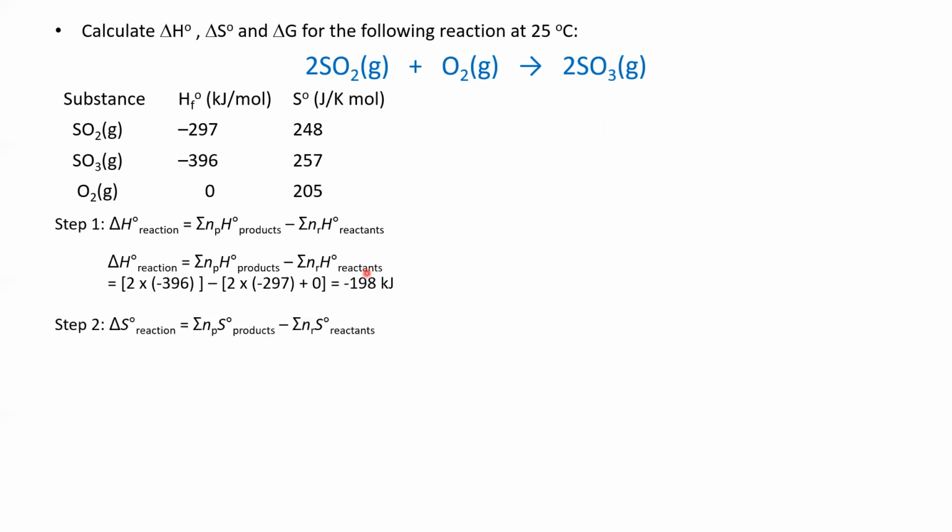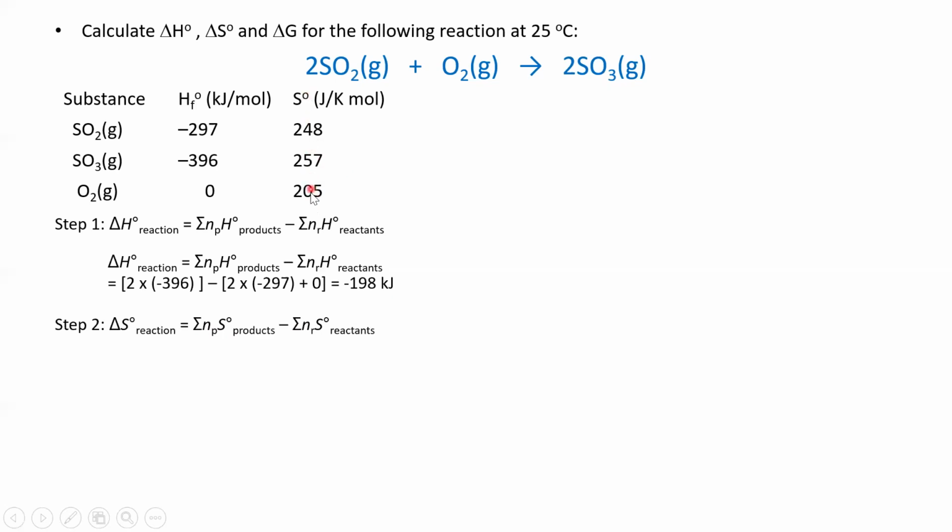So now let's calculate the entropy change for the reaction. Again, the equation looks just about the same. We're going to take the sum of the products minus the sum of the reactants. We're going to use the entropy values this time in our table.